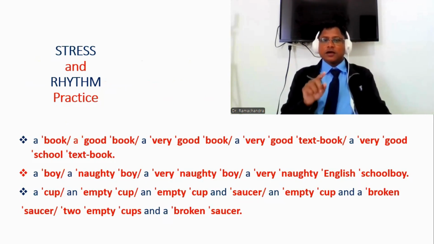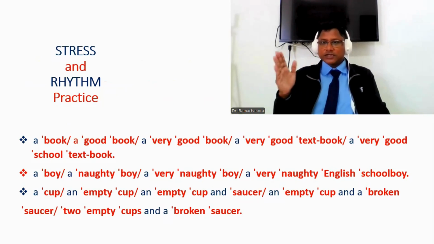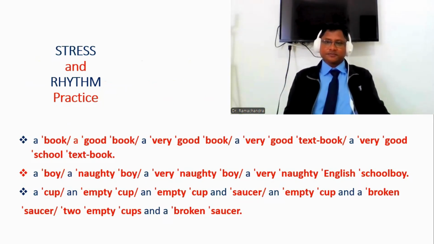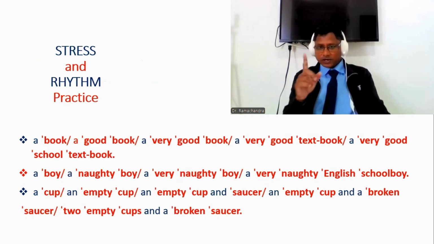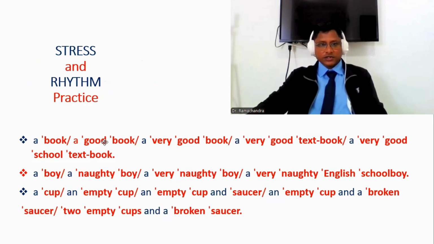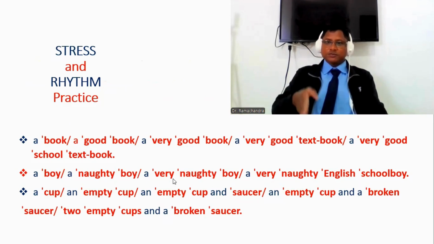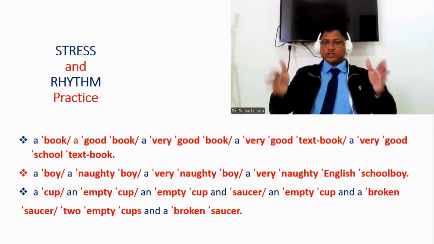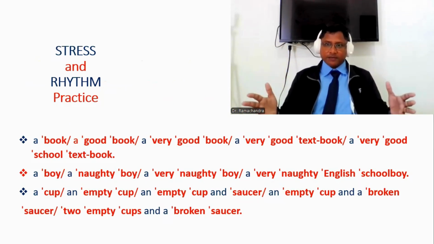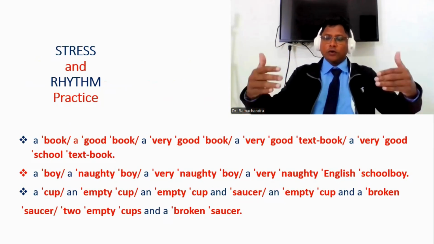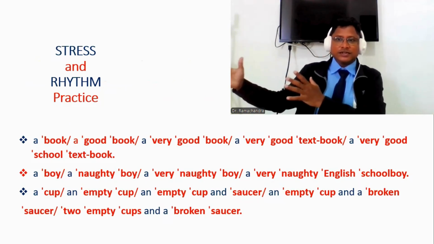The same. And look at the stressed and unstressed syllables. These are stressed syllables, and these are unstressed syllables. That is the balance between stressed and unstressed syllables to get equal intervals of time in a natural flow to get meaningful sentences.